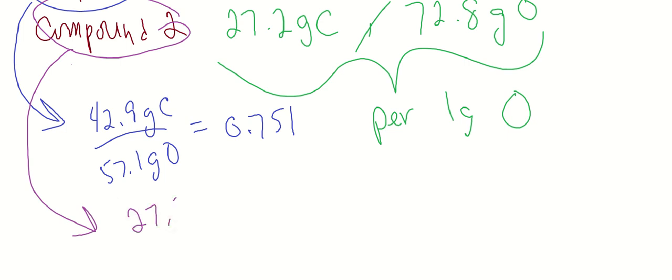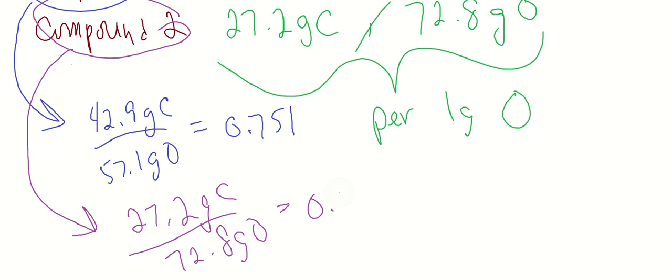So 27.2 grams of carbon over 72.8 grams of oxygen is going to give us, again, the same number we did in a previous problem, just using an 80 gram sample, not a 100 gram sample.